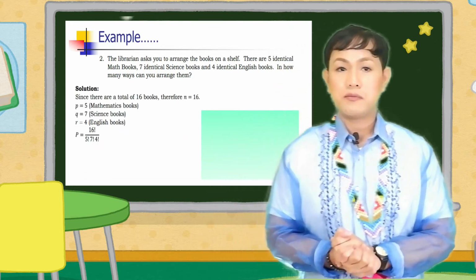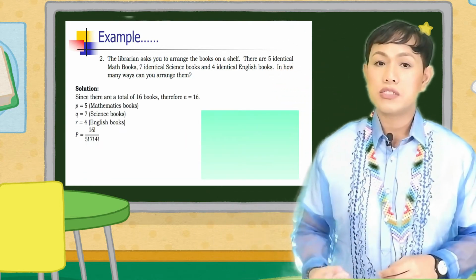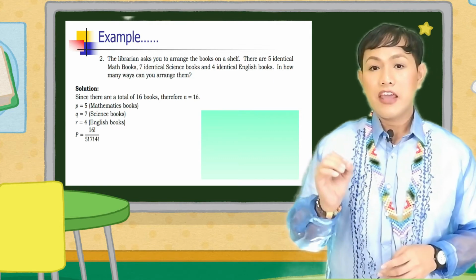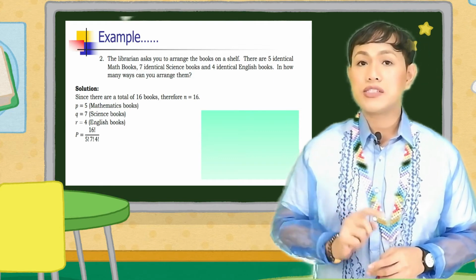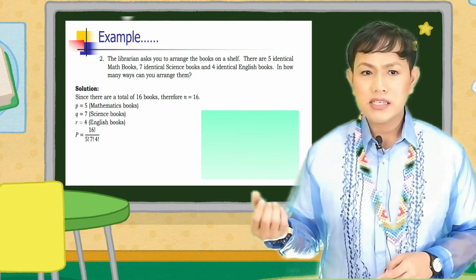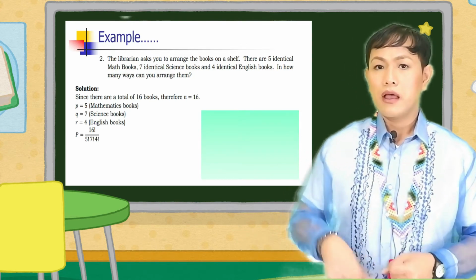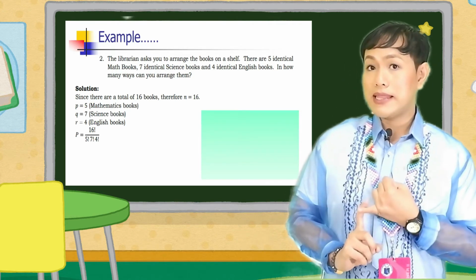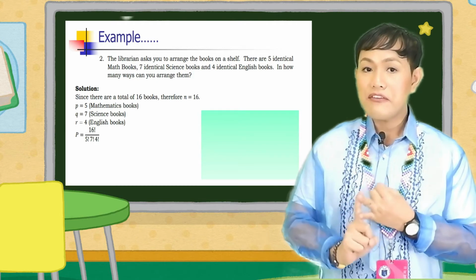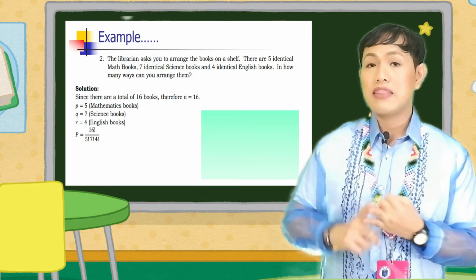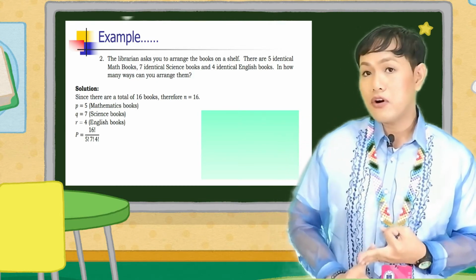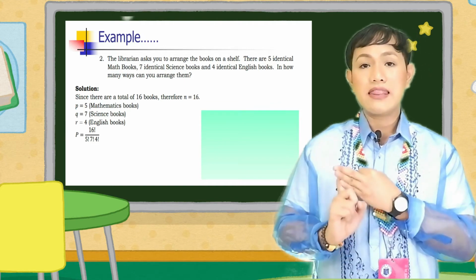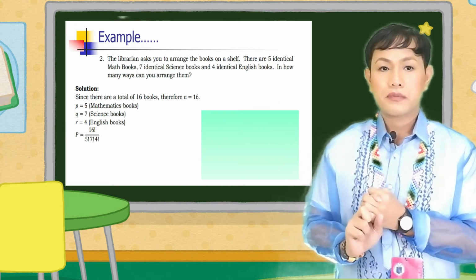So our solution would be, since there are a total of 16 books, therefore, N is equal to 16. How did we get 16 in the first place? 5 for mathematics books plus 7 for science books, that makes 12. Plus 4 for English books, and that makes 16.